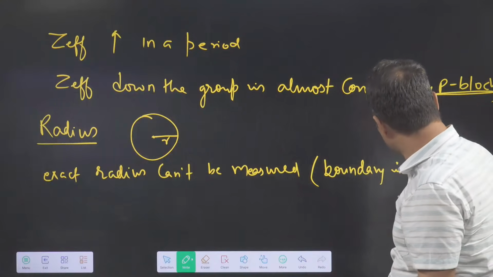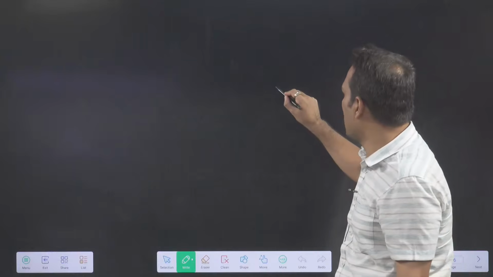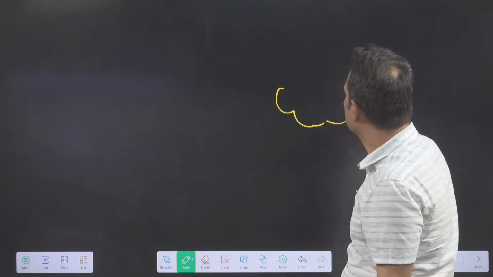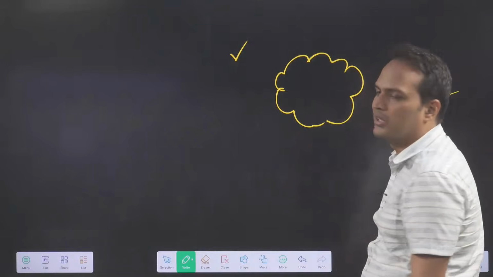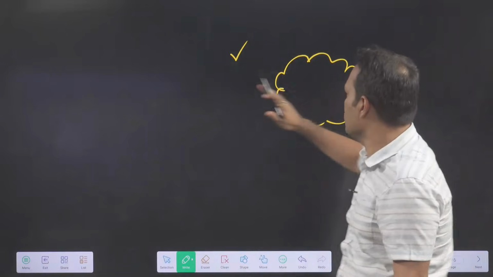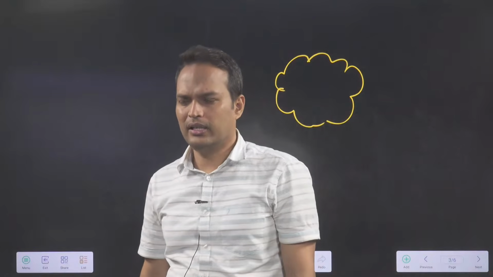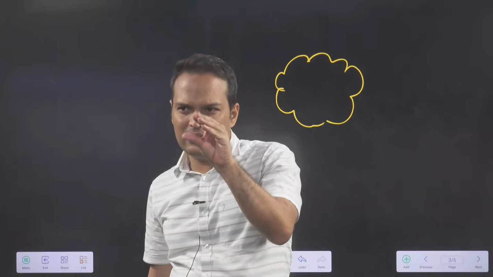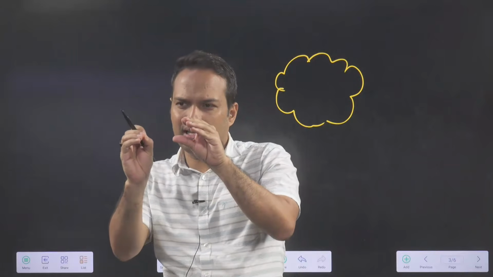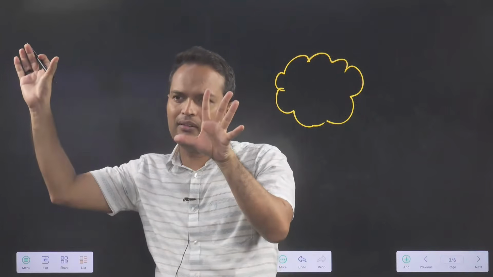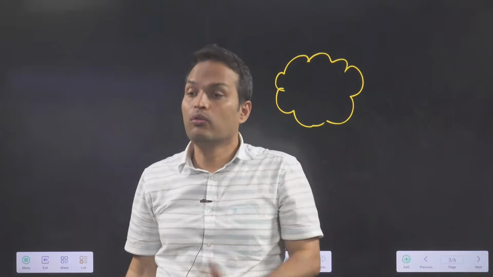When you see a cloud, as you drew in childhood, sir, clouds we make like this, with birds. When you see any cloud, you cannot define its last point. What is happening? Somewhere it is dense. As you move away, it fades slowly, lighter, and fades away. So exactly where it finishes, you will not know.